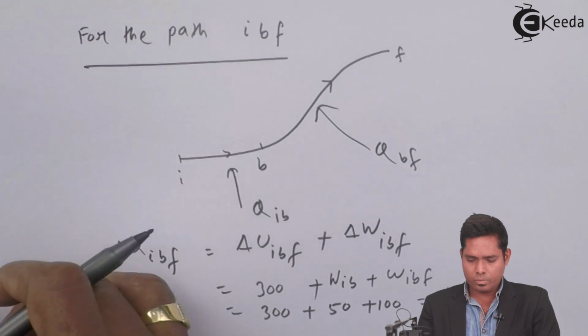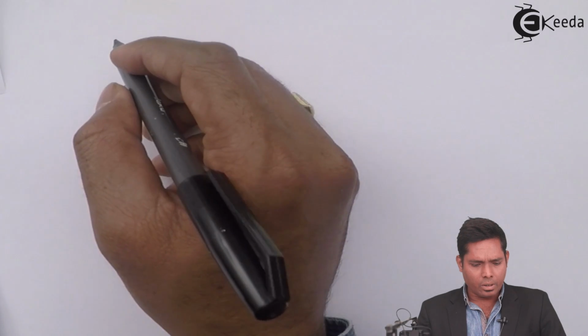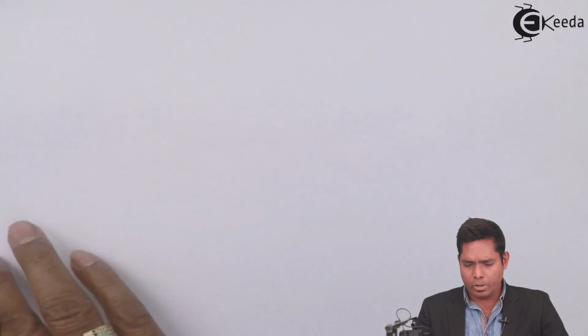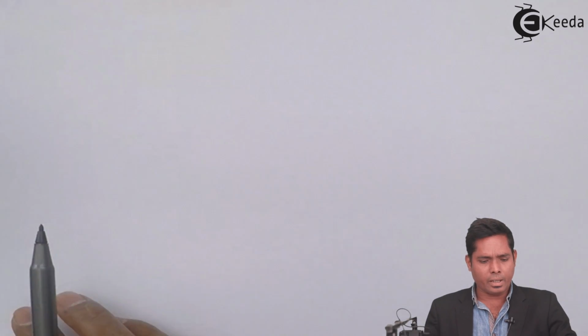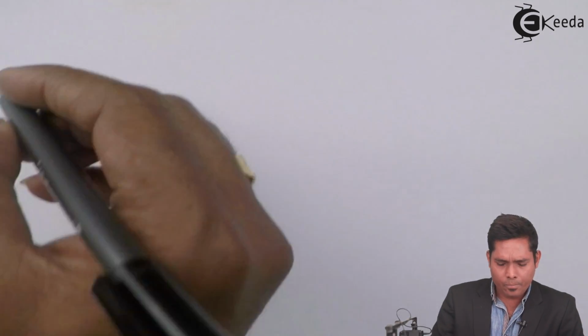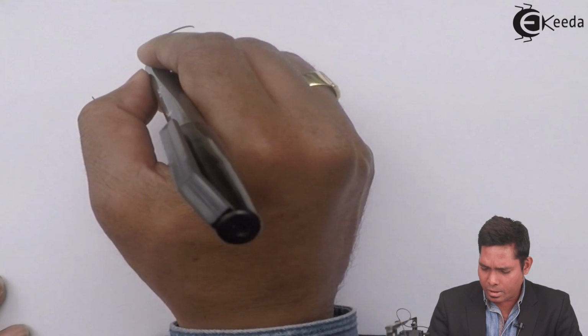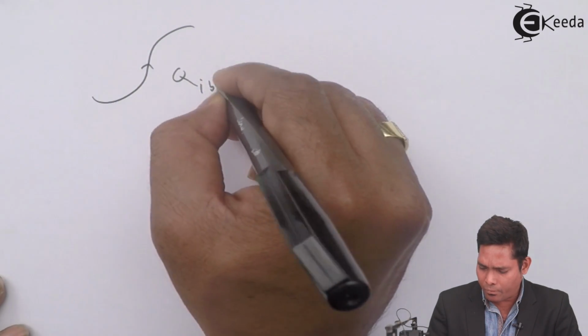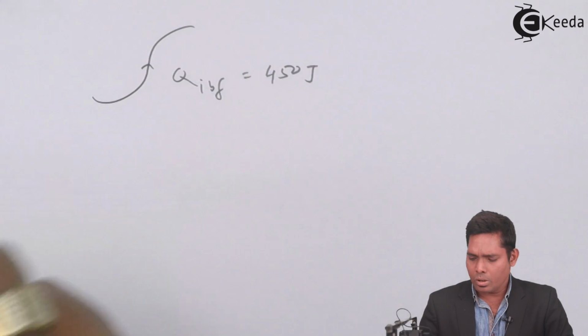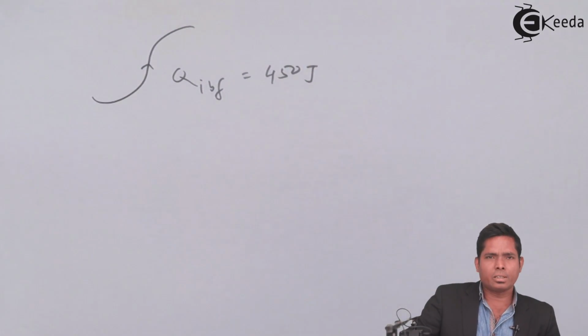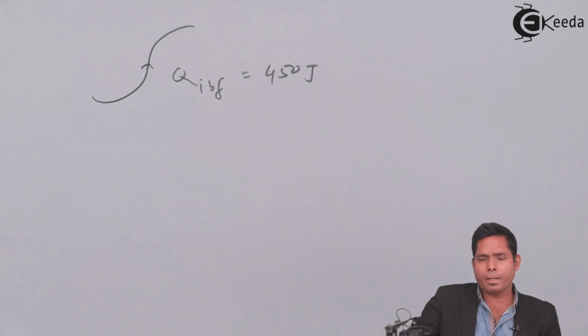So the heat supplied during the process IBF equals 450 joule. If this is the amount of heat that I am supplying, and the change in internal energy is 300, then 150 must be the work done.